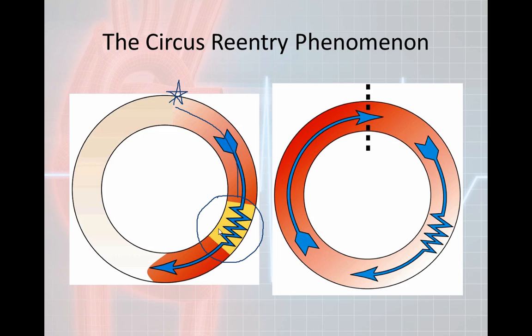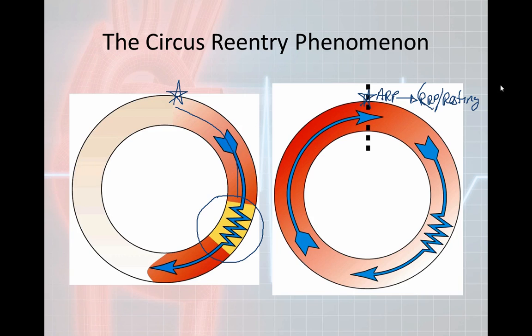But as you can see here, the area of absolute refractoriness, or the red area, comes back around to the point of origin. Here is your point of origin whenever the impulse hit this area. What happens is, because this area slowed down the signal right here, the initiating area here has time to change from an absolute refractoriness into a relative refractoriness or a resting state.